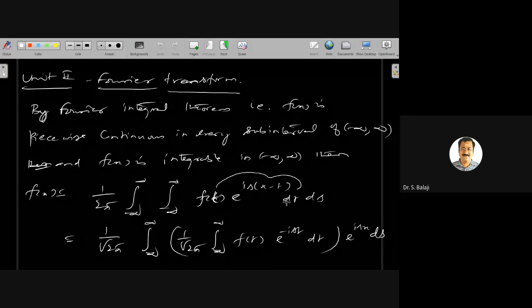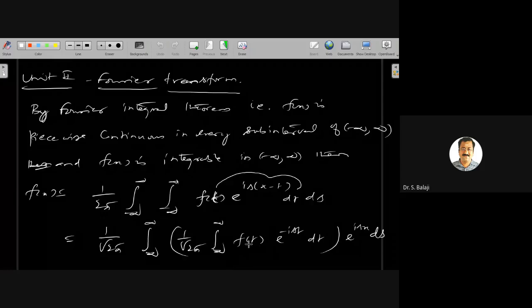If you split with respect to t and with respect to s separately, wherever t comes, we first have f of t e power minus ist dt. Then separately e power isx with respect to s. Now this inner integral with respect to t takes the limits minus infinity to infinity.